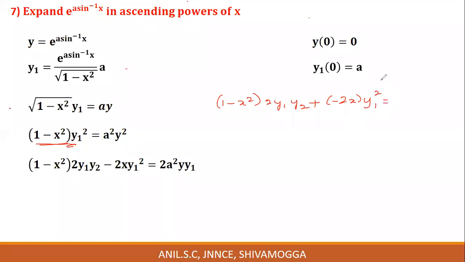This is equal to a square, a constant, keep it as it is. Derivative of y square is 2y into derivative of y, which is y1.